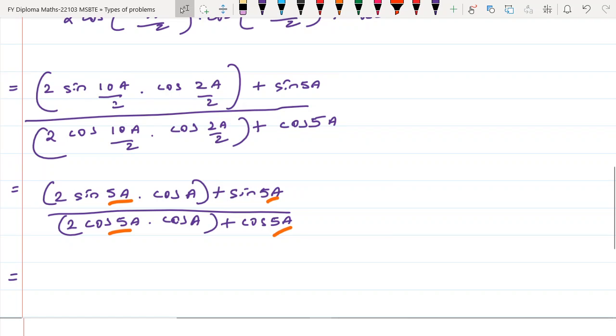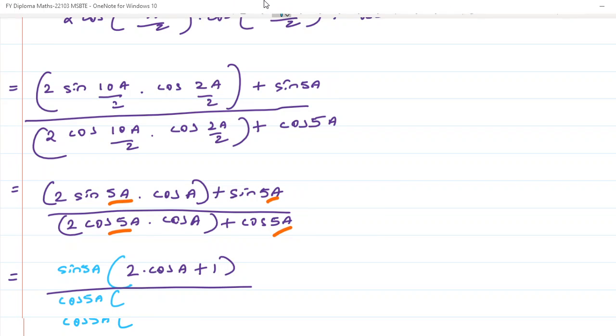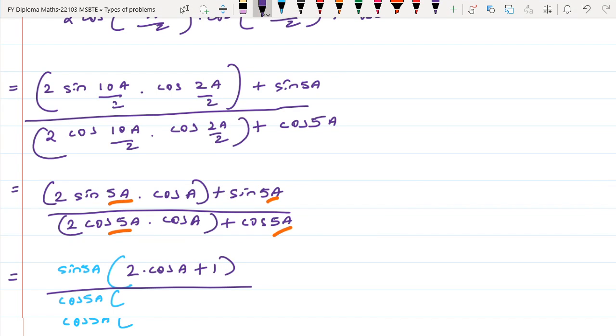So if we take the common angle over here, the sine of 5a will be the common, and within the brackets you're going to get 2 cos of a plus 1, the whole divided by, at the bottom you get cos of 5a as common, and the brackets will be again 2 cos of a plus 1, because that's how you get it.